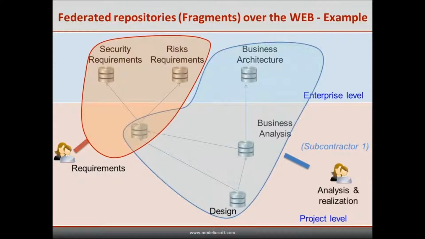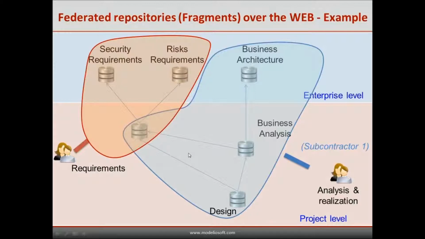So that team will build a business analysis model fragment, which will be based on the business architecture defined at the enterprise level and on the requirements that have been defined by the requirements team. And then this team will do another fragment, the design fragment, which will be based on those two fragments.